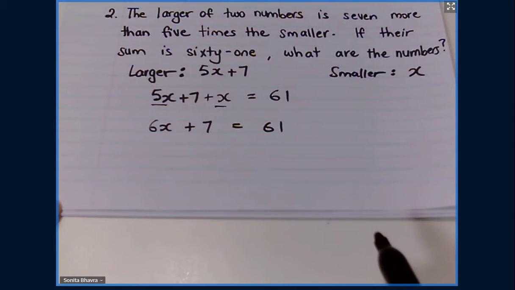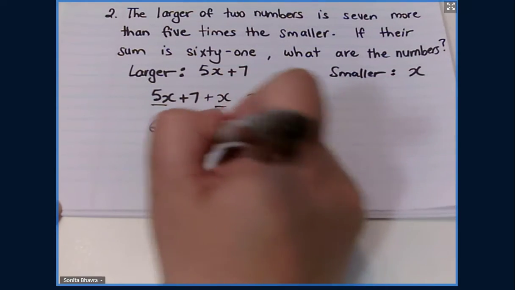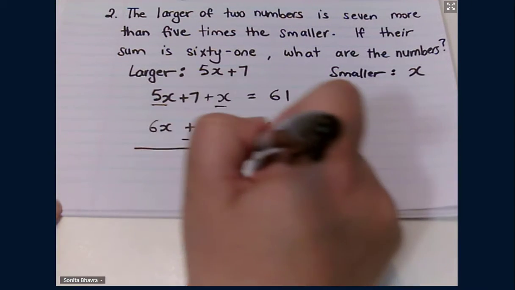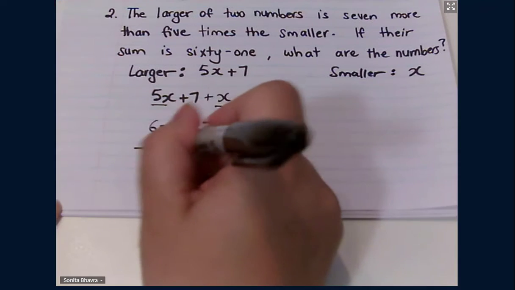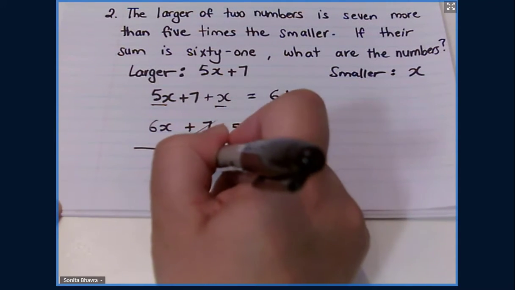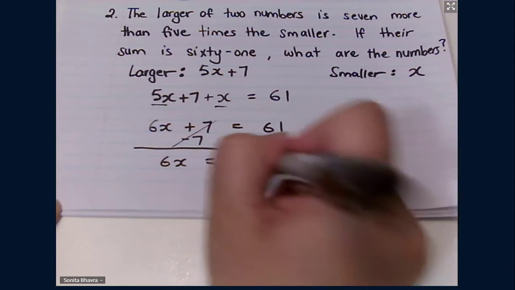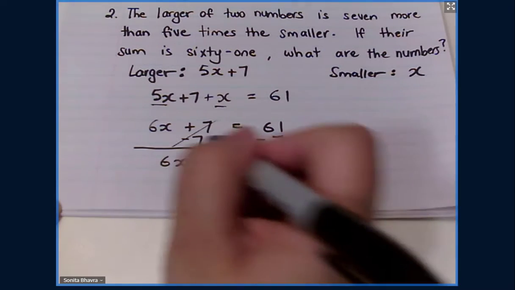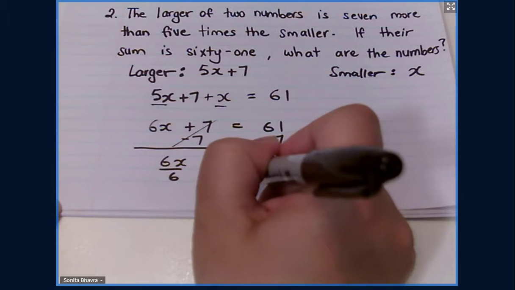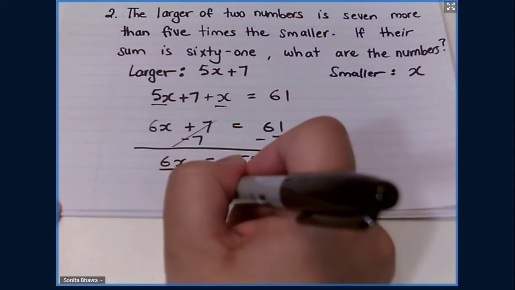Now I can go ahead and subtract the 7 on both sides. And that gives me 6x is equal to 54. Divide by 6 on both sides. And that gives me x is equal to 9.